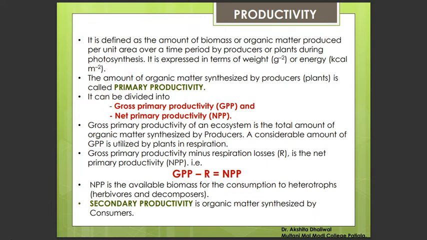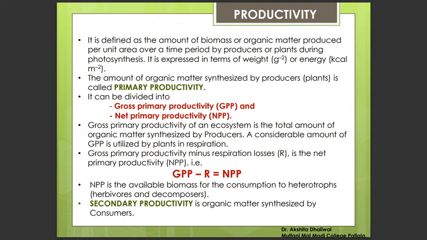Gross primary productivity is the total amount of organic matter synthesized by producers, and NPP is the available biomass for consumption by heterotrophs. So NPP is the gross primary productivity minus respiration.